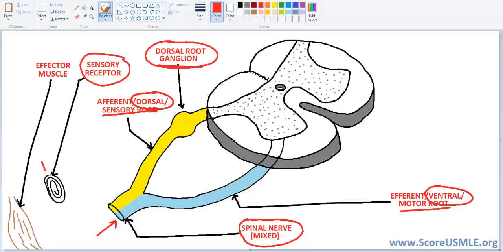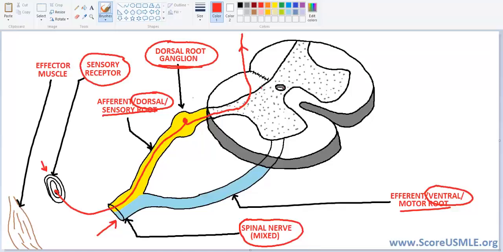What happens is that this receptor gets activated, which in turn activates this bipolar neuron lying in the dorsal root of the spinal nerve. This neuron reaches the spinal cord in the dorsal gray horn, and it turns in the posterior white column, and this axon ascends to the brain.